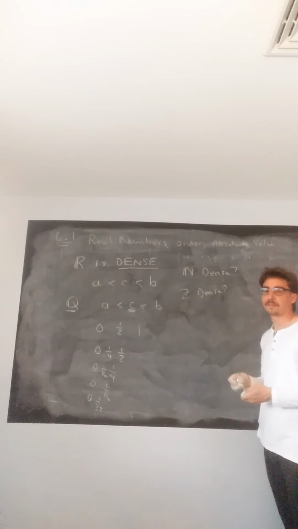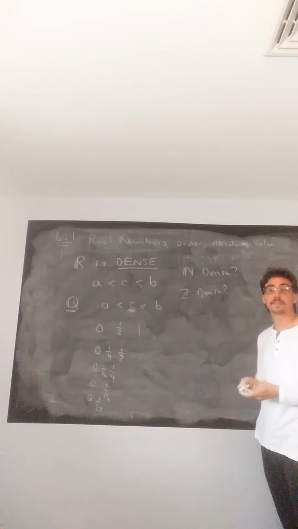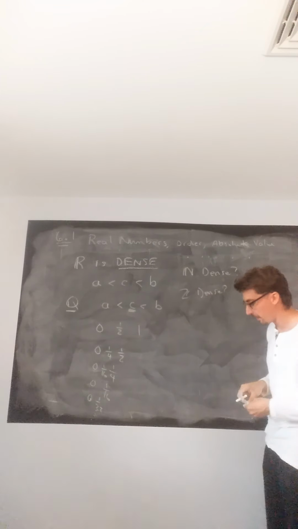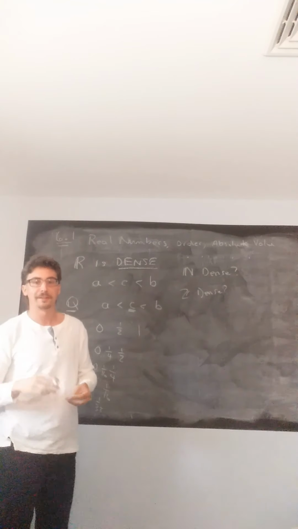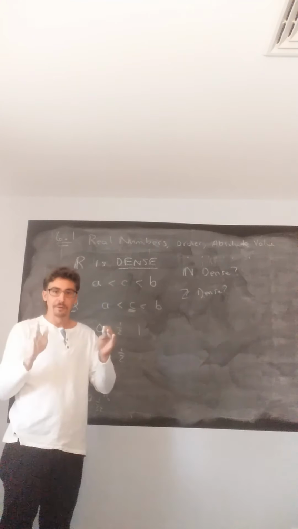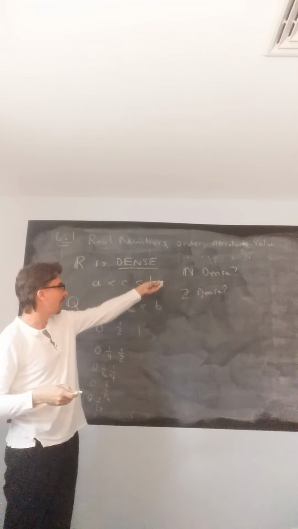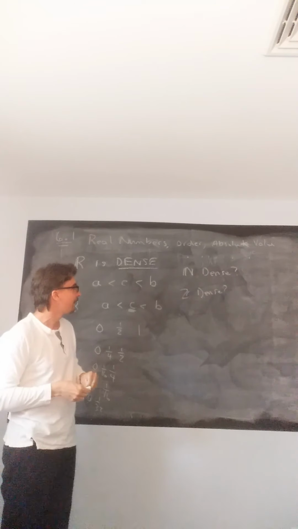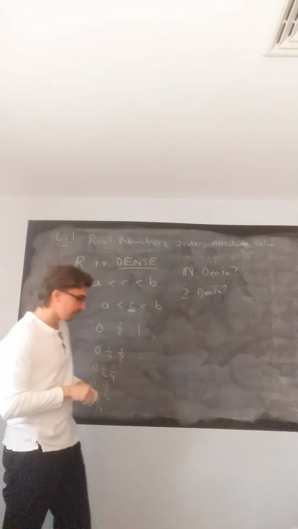So in your spare time, think about whether the natural numbers are dense, and would the integers be dense? Maybe we'll talk about that in the future. Remember, dense means that between any two of those numbers, we could always find another one of those. So if you want to ask, are the natural numbers dense, there better always be another natural number in between. So that's density.